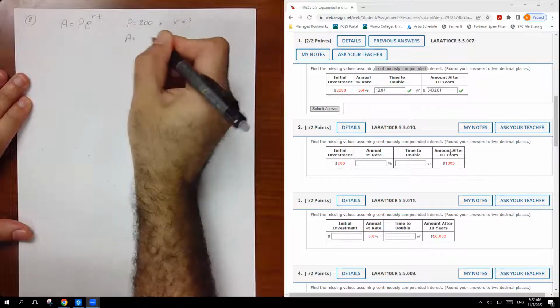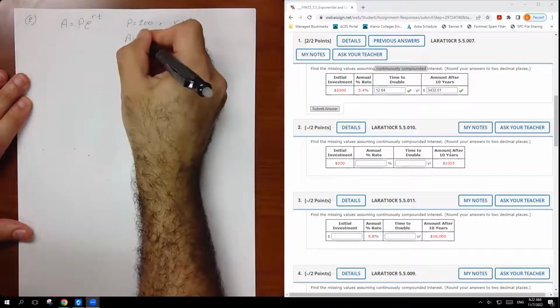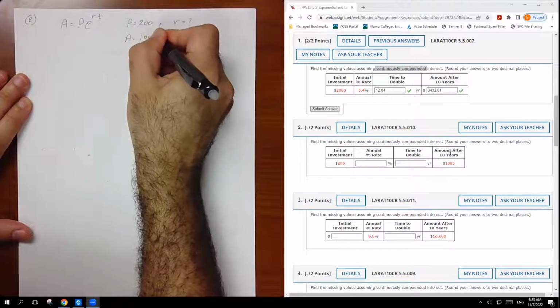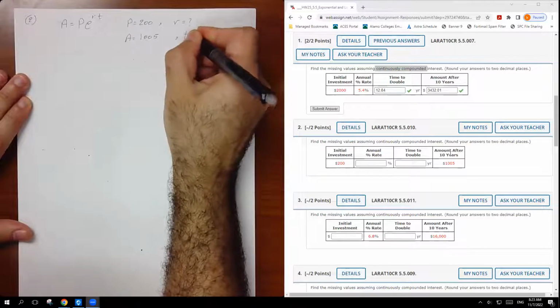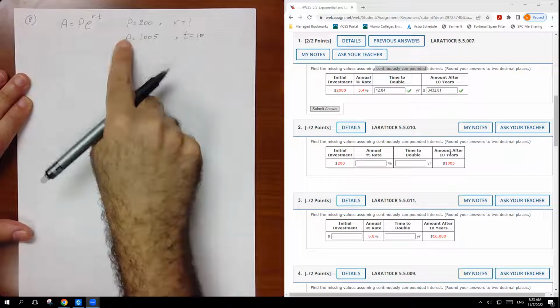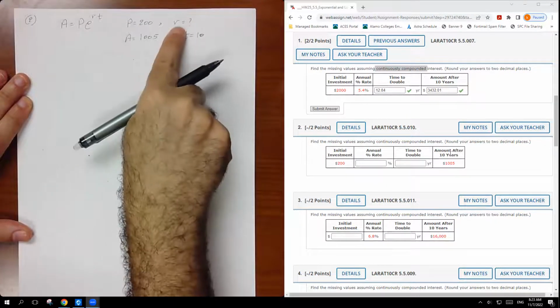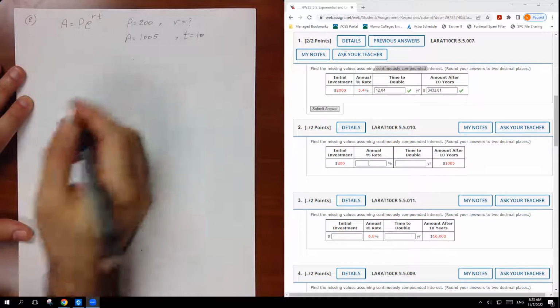I have A equals 1005, and the time is equal to 10 years. So let's check how we're going to use this information to find the rate. I can use all this information to find the rate. Then I'm going to go back and find the time to double.